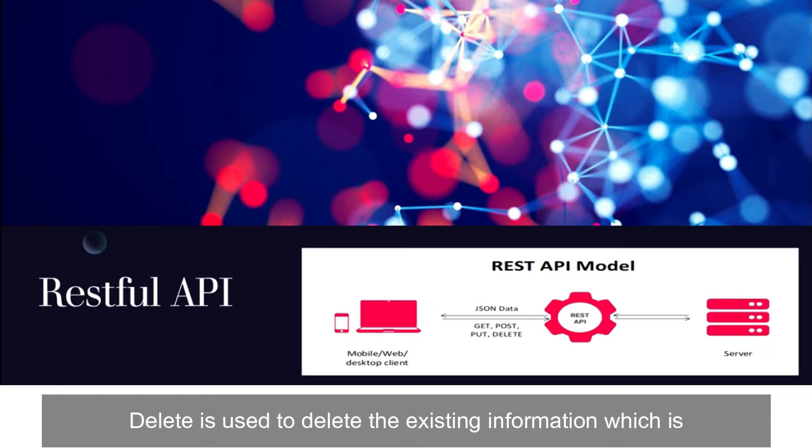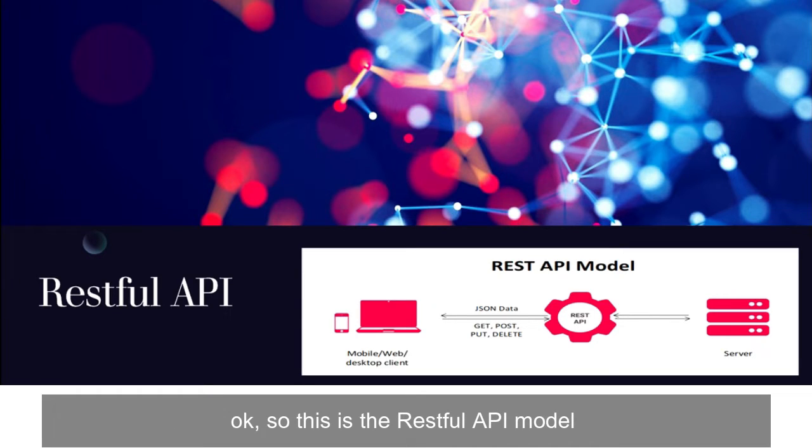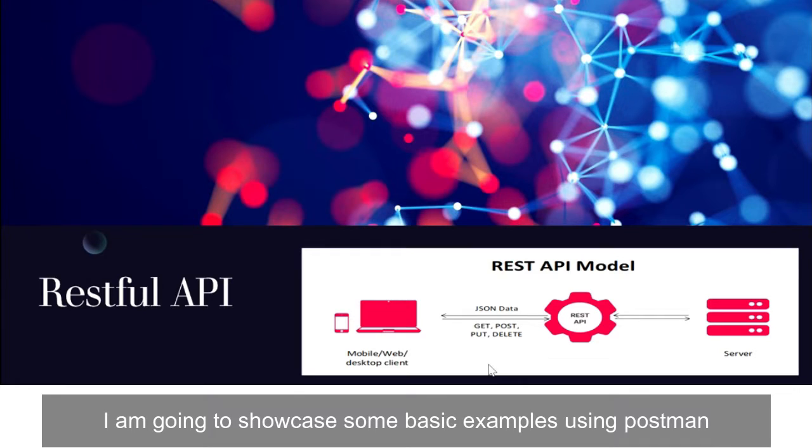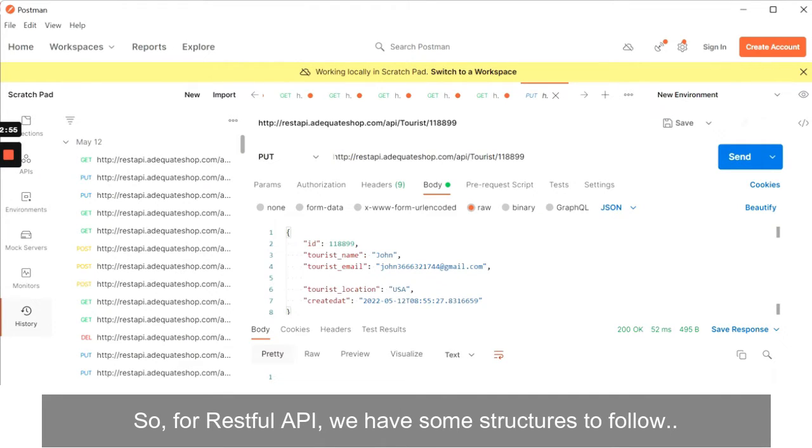DELETE is used to delete existing information which is not likely to be retained. So this is the RESTful API model. I'm going to showcase some basic examples using Postman. For a RESTful API, we have some structures to follow.